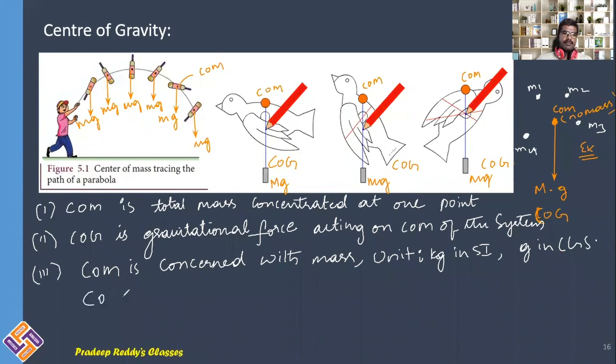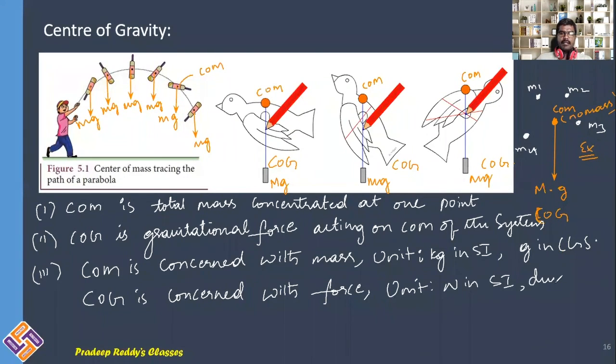Likewise, center of gravity is concerned with force, so its unit can be Newton in SI system and Dyne in CGS system. So center of gravity is the gravitational force acting at the center of mass. Center of mass is concerned with the concentration of total masses at that particular position.